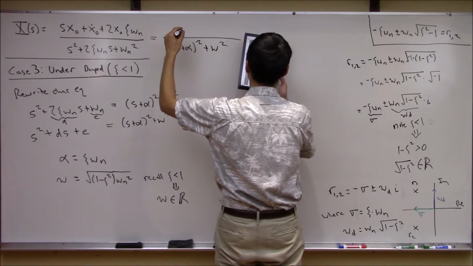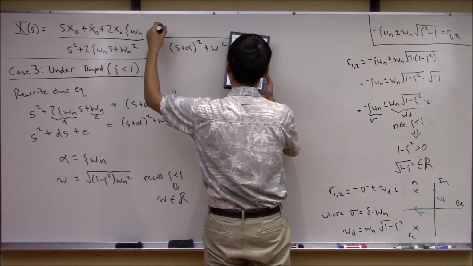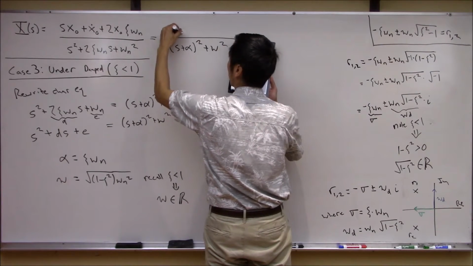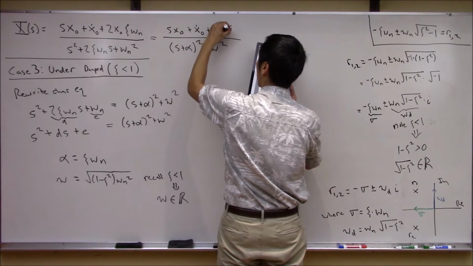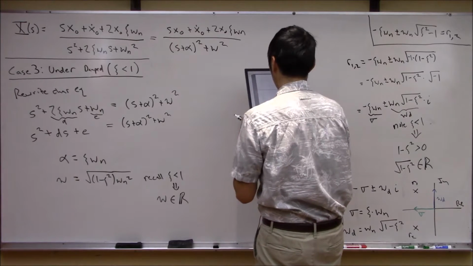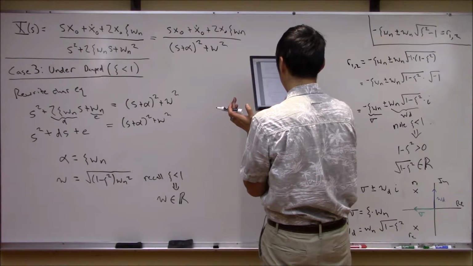Let's leave the numerator the same: s x0 plus x dot 0 plus 2 x0 zeta omega n. Let me make sure I got my notes right. Yep.